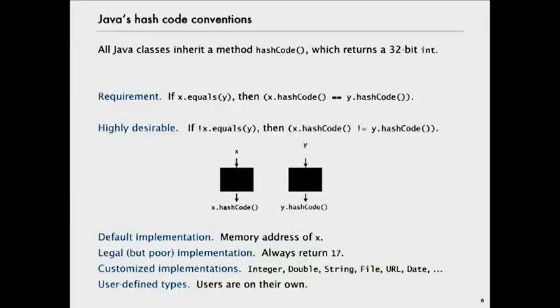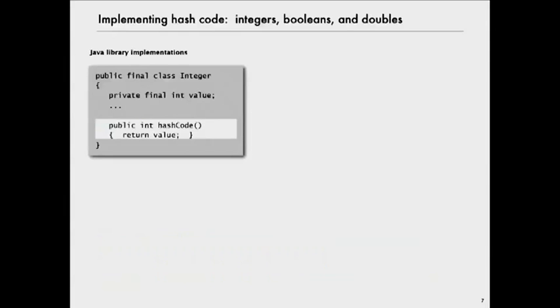But for user-defined types, you're on your own, and we'll talk a little bit about how to implement hash codes. So here are the Java library implementations for a few standard types, and they are what they are. With knowledge that that's what the hash code is, we'll do some extra work to try to get this extra property that every table position should seem to be equally likely.